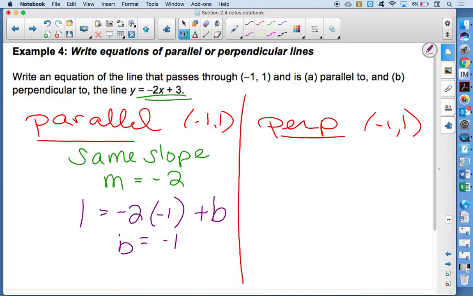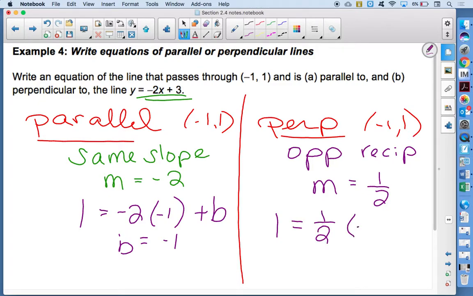If I wanted to do perpendicular, remember perpendicular is the opposite reciprocal. So what would my slope be of an opposite reciprocal? Sarah? It would be 1/2. So I would do the same thing. I would plug in my y value of 1. My slope is now 1/2. My x value is still negative 1.